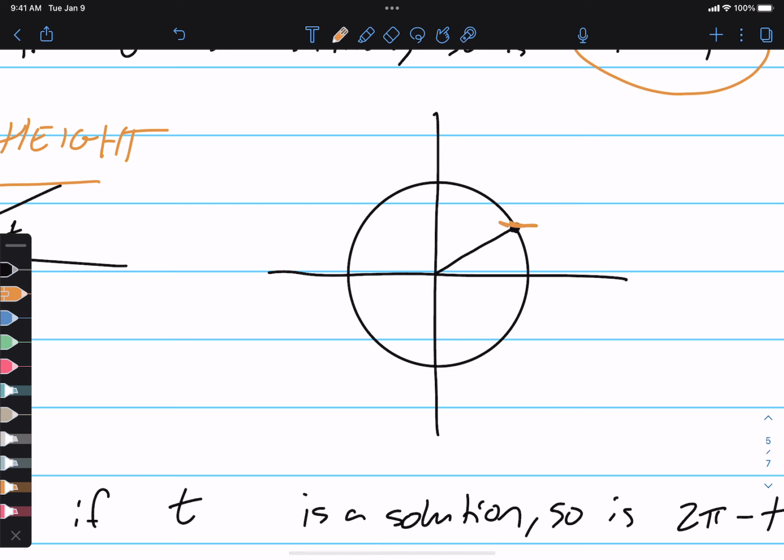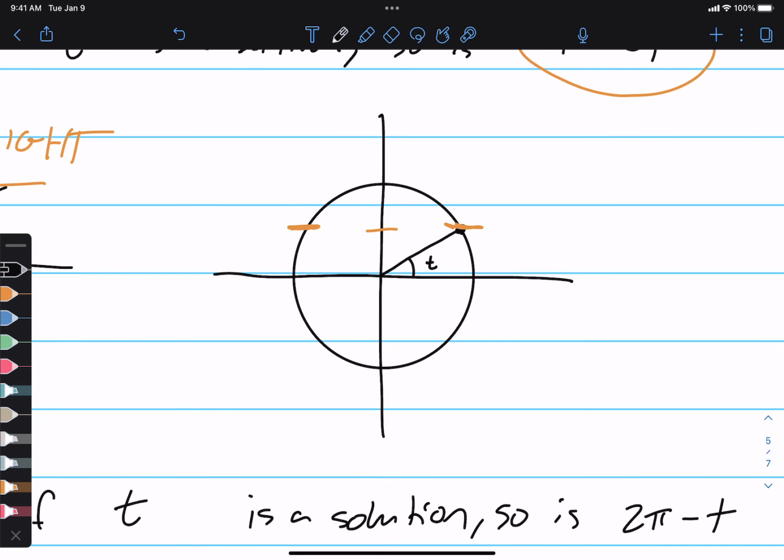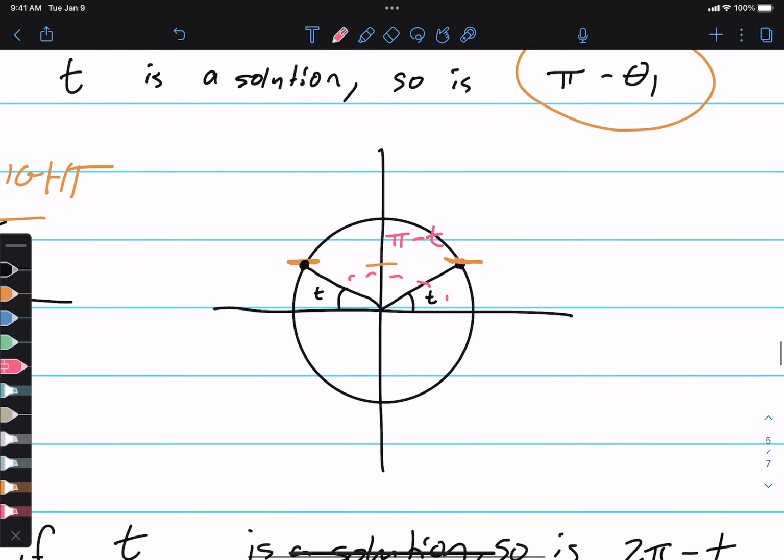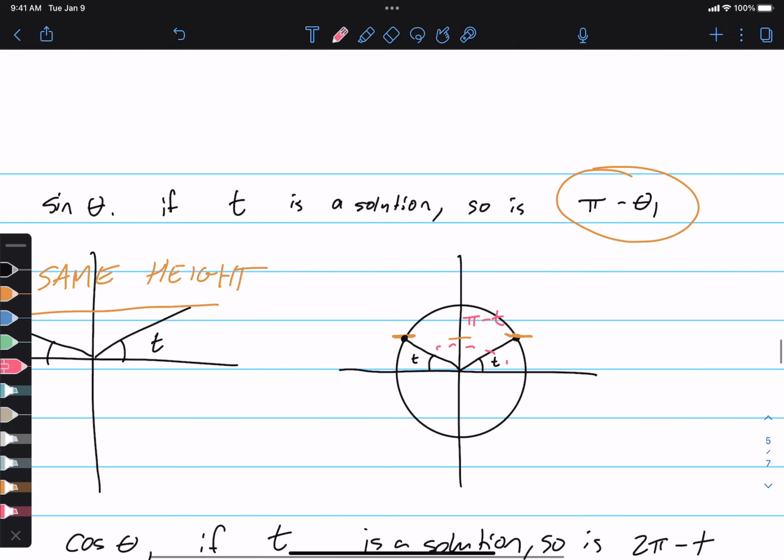So this is the height it's at, then it makes some angle right here. So this is the angle that it makes. It's actually going to have the same height right here, right? And so this angle right here is also t, which means that this full angle here is going to be pi minus t, right? So for sine, if t is a solution, so is pi minus t, right?